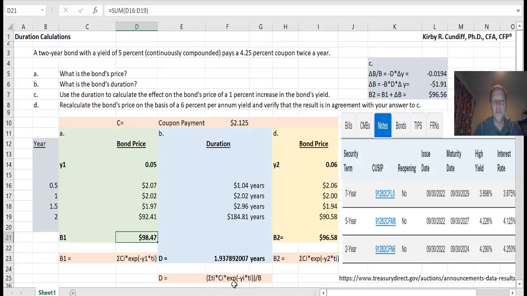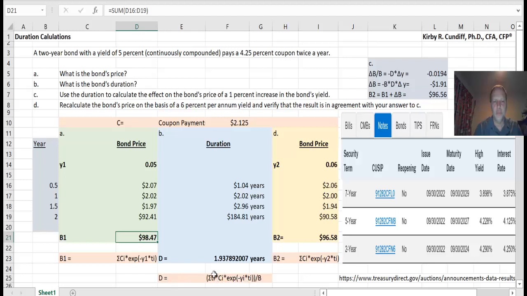And then we now take the present value of each coupon, we multiply by the time which it takes place, and then we divide by the price of the bond. So this is in dollars, this is in dollars, this is in years. The duration will be in years.